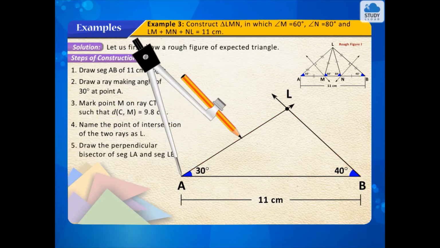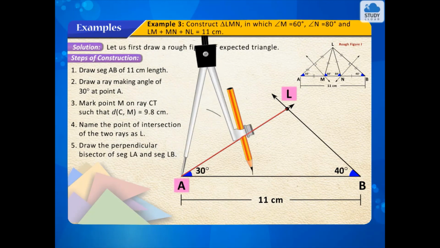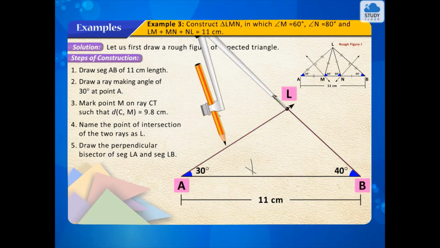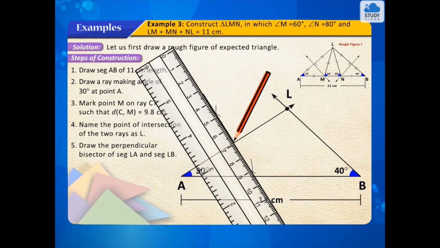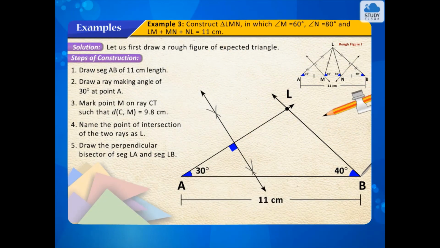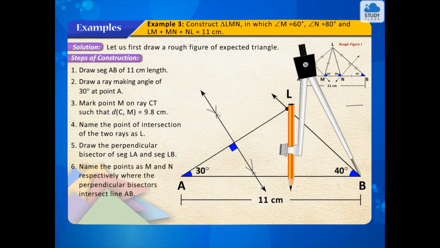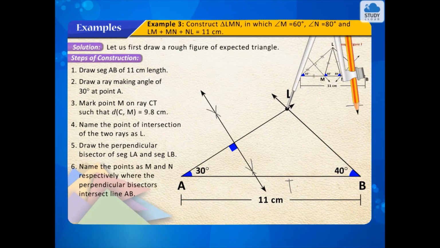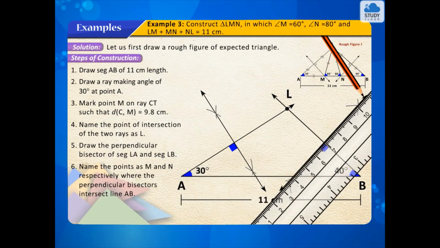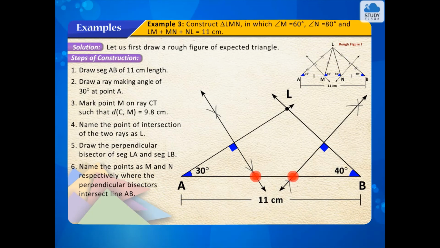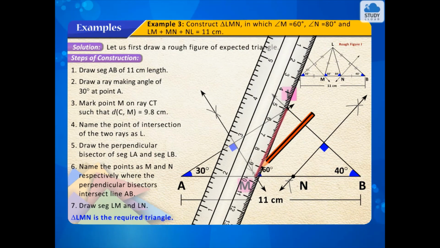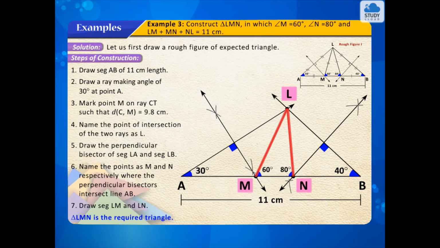Draw the perpendicular bisector of segment LA and segment LB. 6. Name the points as M and N respectively, where the perpendicular bisectors intersect line AB. 7. Draw segment LM and segment LN. Triangle LMN is the required triangle.